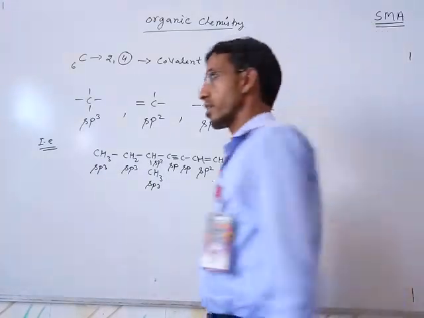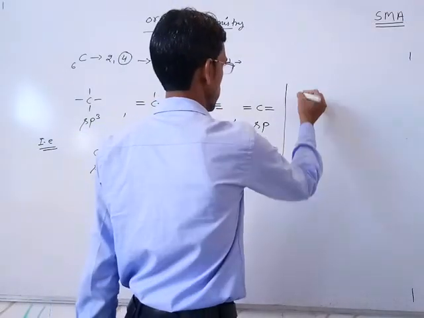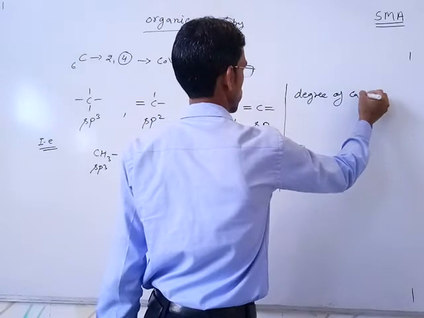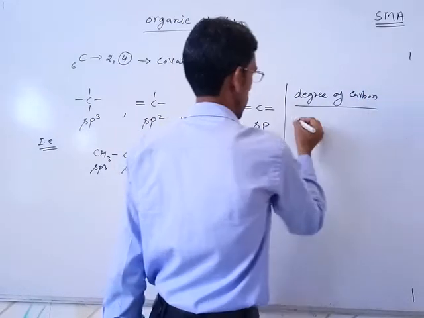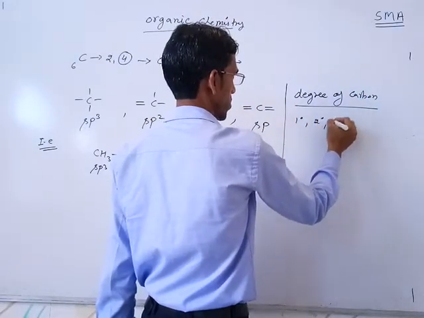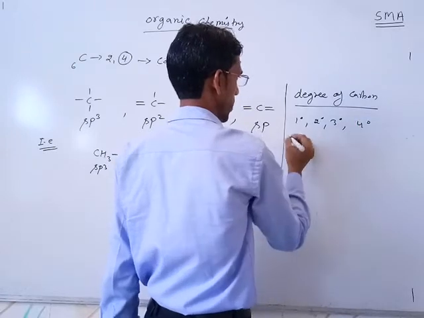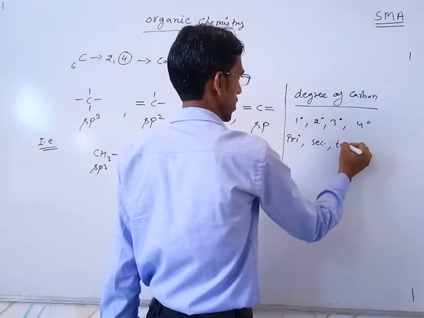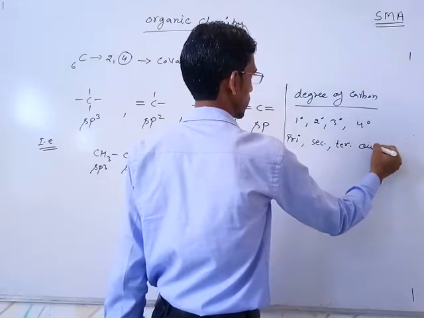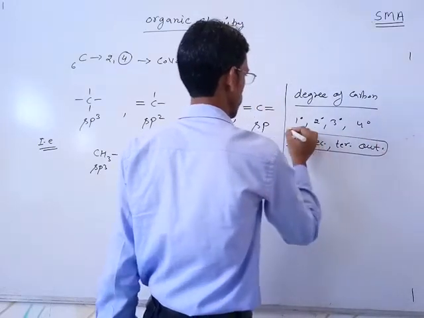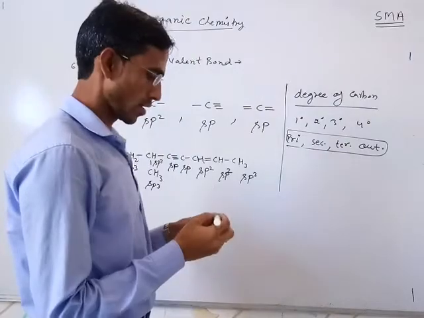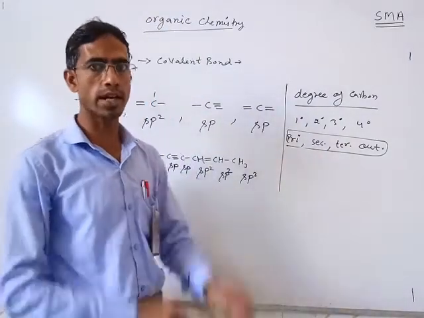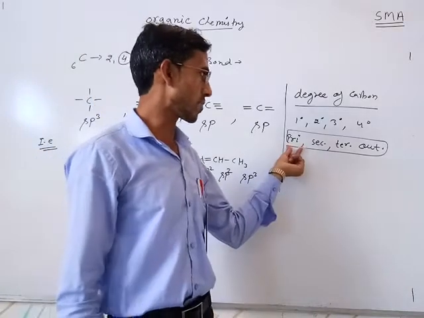Next, degree of carbon. One degree, 2 degree, 3 degree or 4 degree means primary, secondary, tertiary or quaternary carbon atom. If a carbon is attached to one other carbon or alkyl or aryl group, it is primary.